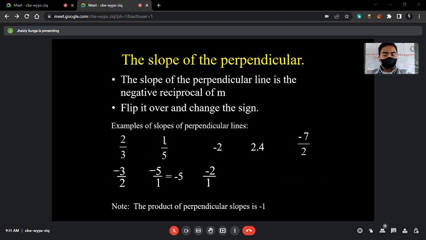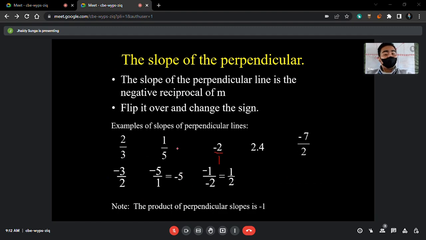But before that, as you notice, for any whole number we can put an invisible 1 so that it becomes a fraction. If you flip that one, it is negative as well, so it will become positive 1/2. Now, how about this one?